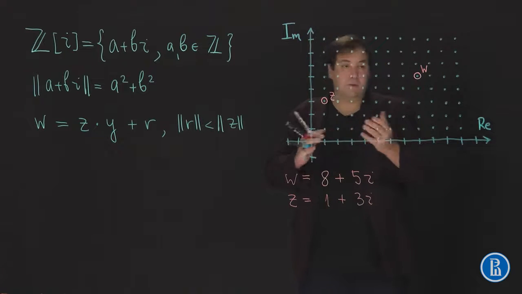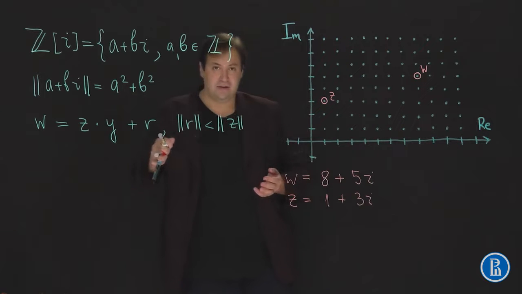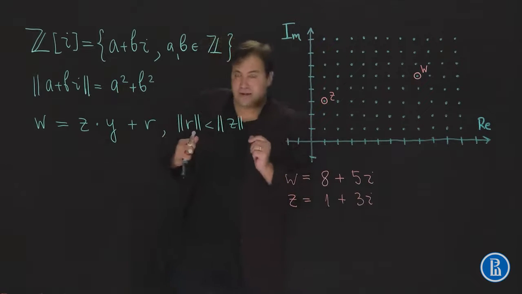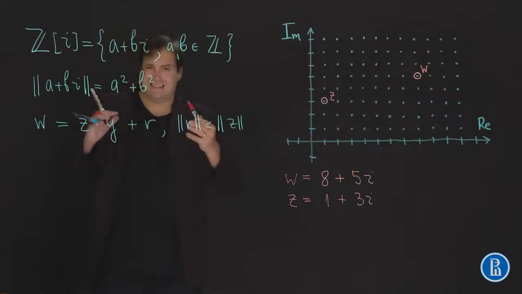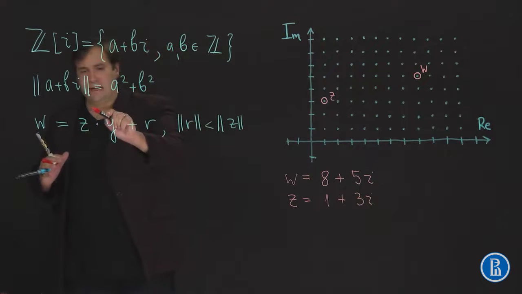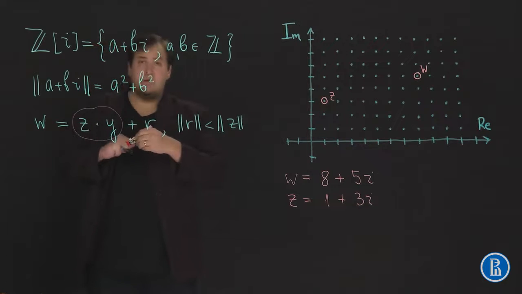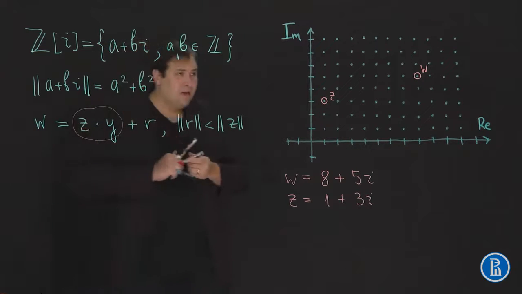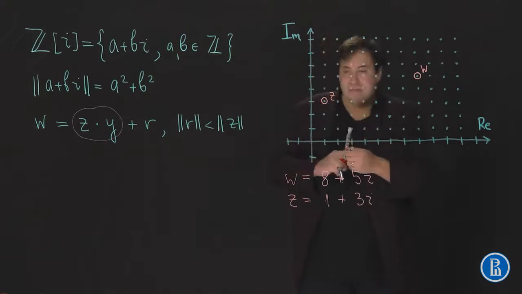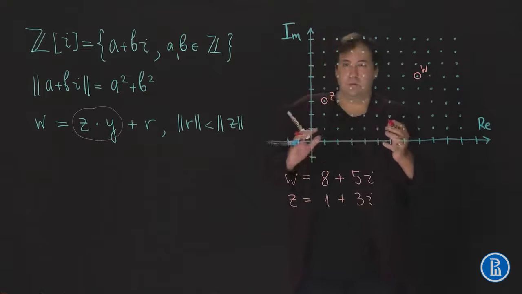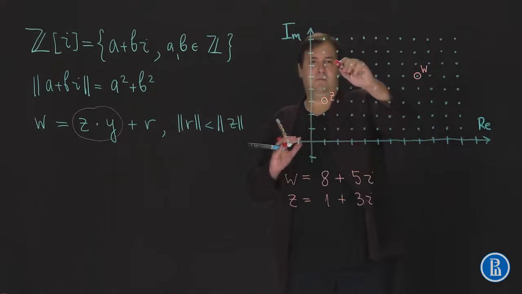Okay, so we need to find y and r. In order to do that, let's try to figure out which complex integers can be obtained by multiplying z by all possible complex integers. For instance, z multiplied by 1 is z itself. z multiplied by 2 is over here.